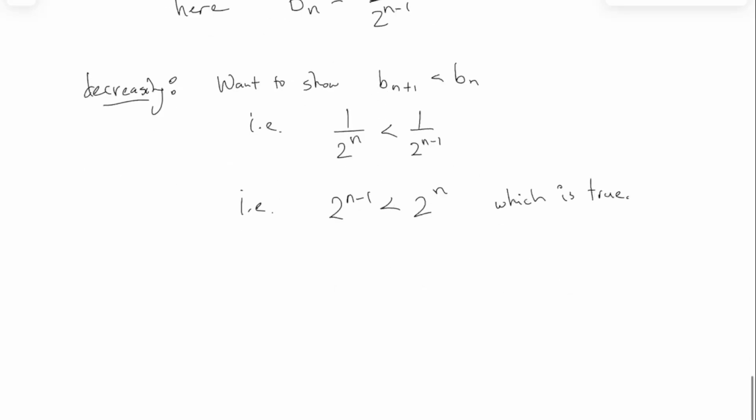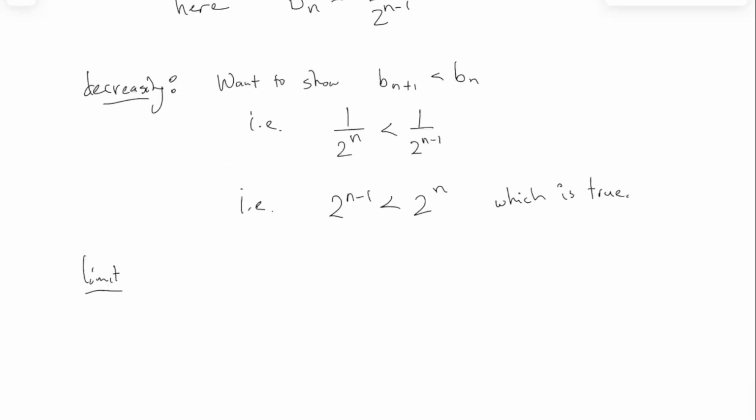And now the limit part. Here we want to show that lim n goes to infinity of bn equals 0. And this is, in this example, easy. Lim n goes to infinity of bn is 1 over 2 to the n minus 1. That really is 0 because this looks like 1 over infinity, basically, right?